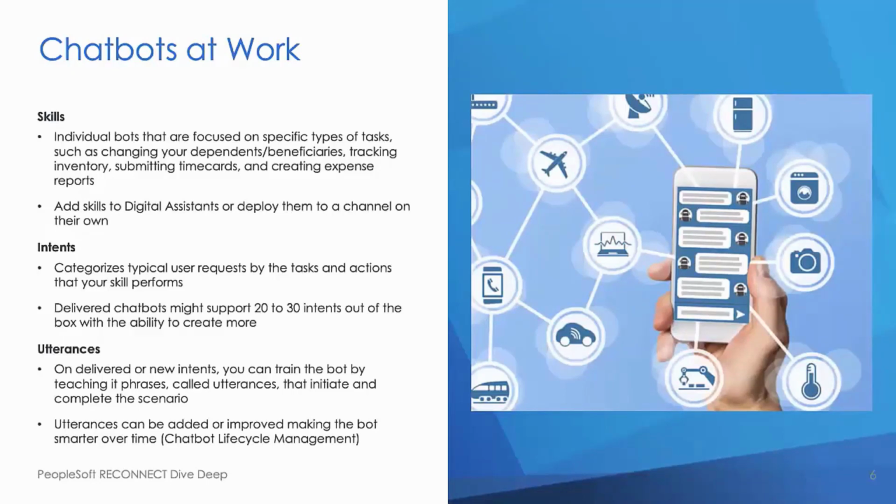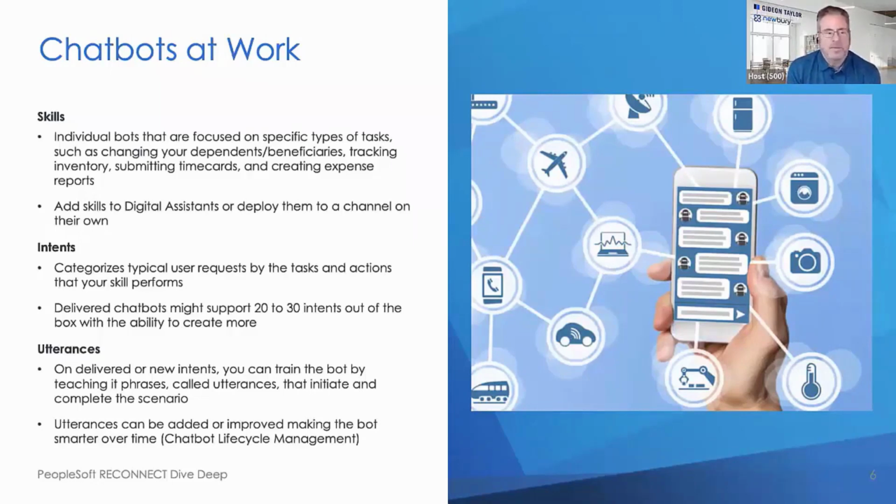So inside the PeopleSoft system, the skills that deal with various parts of HCM are different than the skills in financials. But I'll get into how Picasso works as well. Skills are these individual bots or programmed capabilities, and it's very easy to add additional skills to these digital assistants or chatbots.